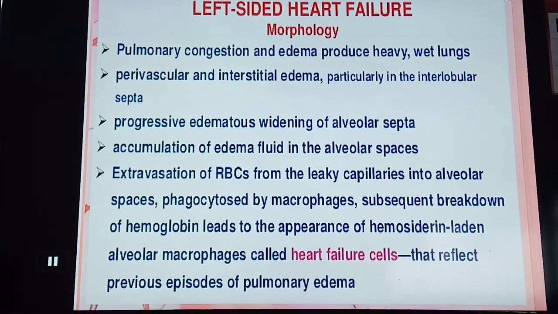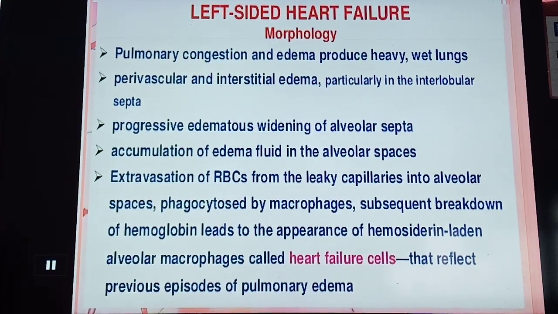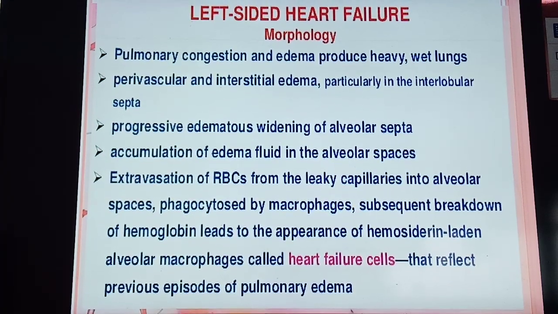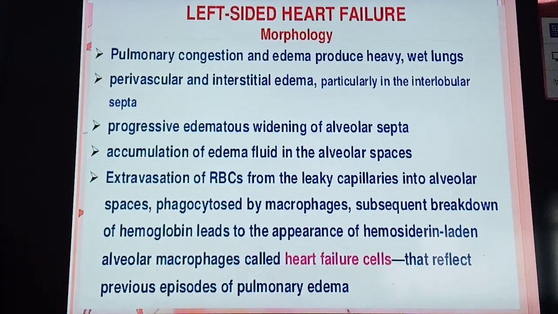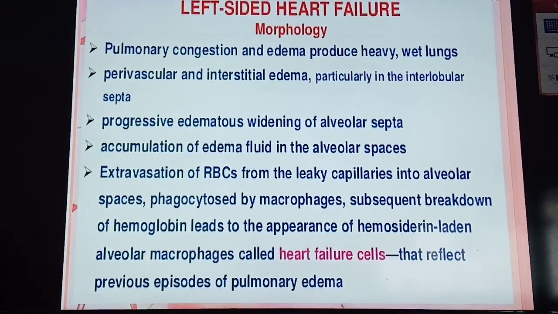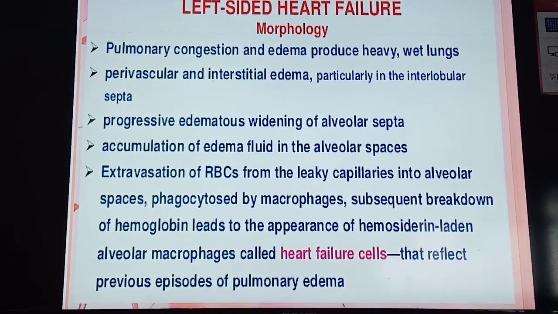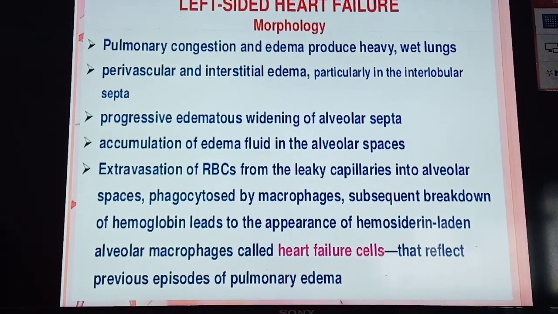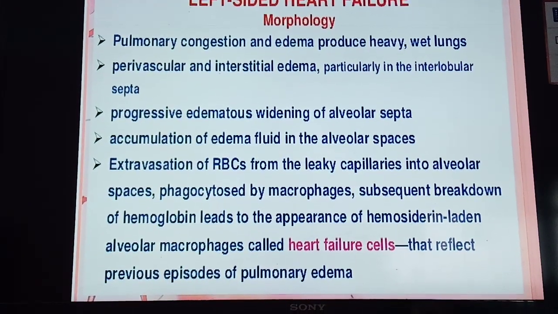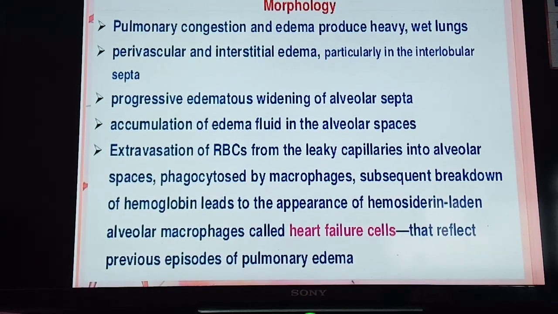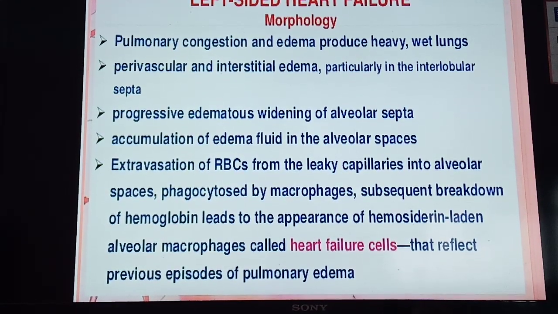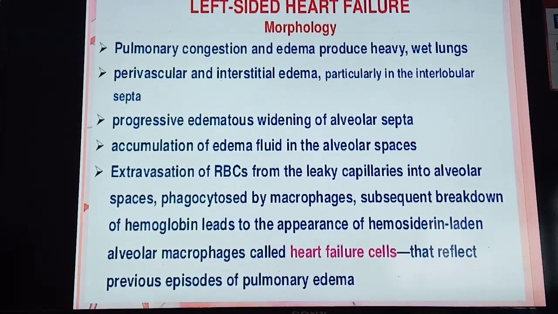In left-sided heart failure, the main morphological changes are pulmonary congestion and edema, producing heavy, wet lungs, with perivascular and interstitial edema, particularly in the interlobular septa, progressive edematous widening of the alveolar septa, accumulation of edema fluid in the alveolar space, and extravasation of red blood cells from the leaky capillaries into the alveolar space.